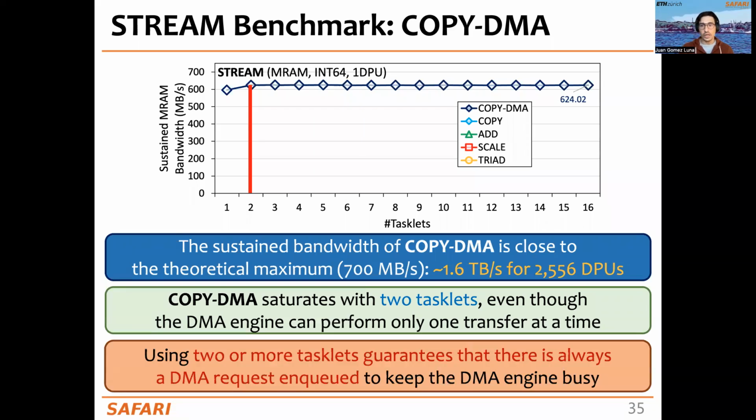In reality, this copy operation is being done through the DMA engine, and this DMA engine is able to only sustain a single transfer at a time. However, if you have 2 or more tasklets, we guarantee that there will always be one DMA request in queue to keep the DMA engine busy. And this is why we see a slightly higher bandwidth for 2 tasklets than for 1 tasklet.